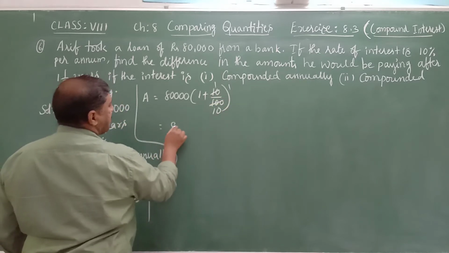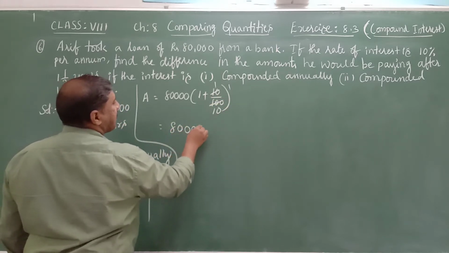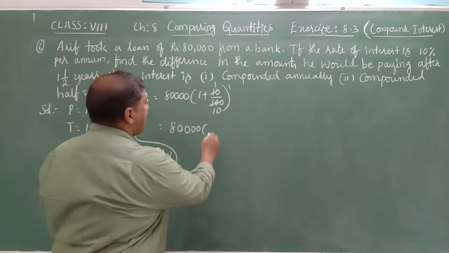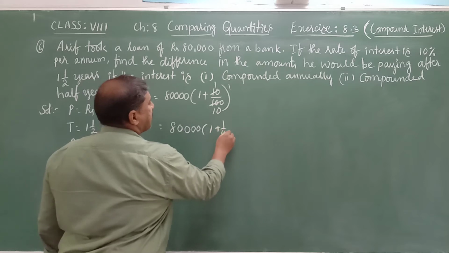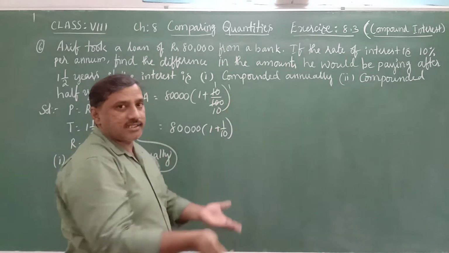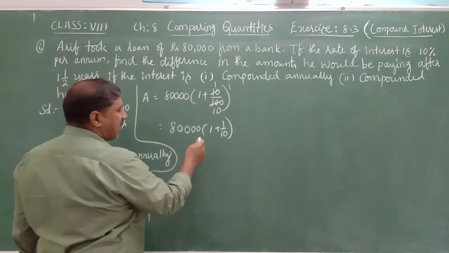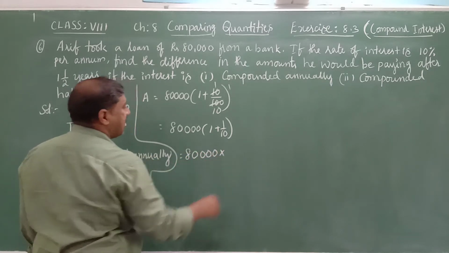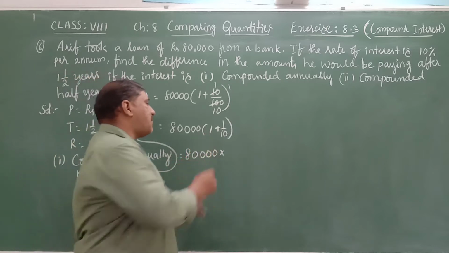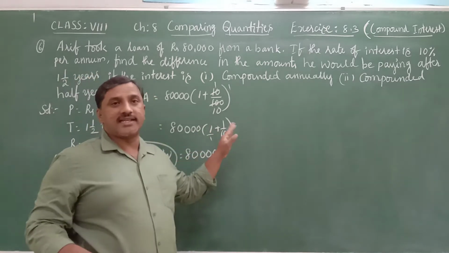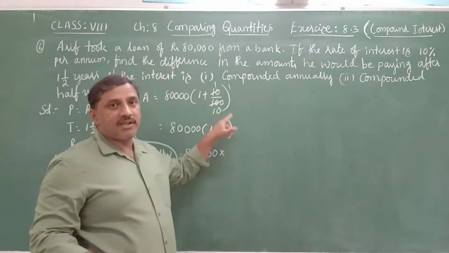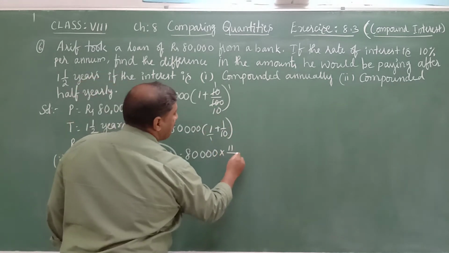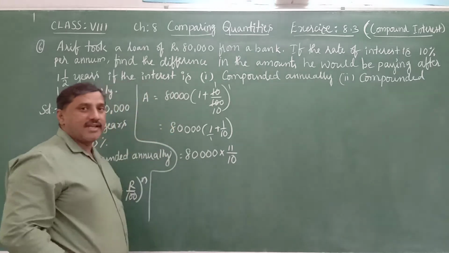So we get 80,000 into (1 plus 1 by 10) to the power of 1. Simplifying, 1 plus 1 by 10 is 10 plus 1 is 11, so we get 11 by 10.